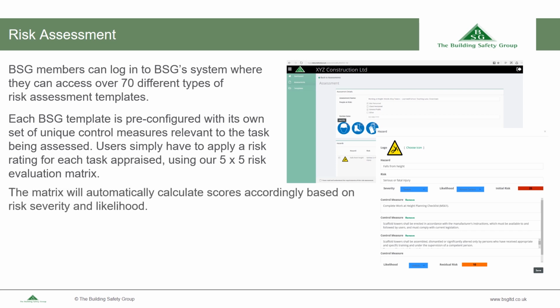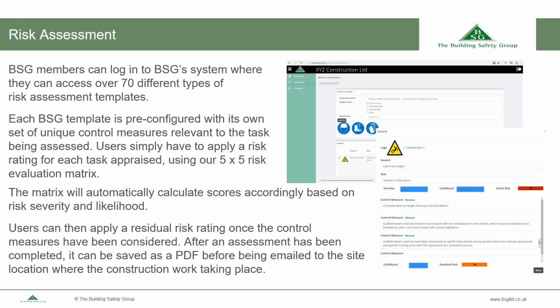The matrix will automatically calculate scores accordingly based on risk, severity and likelihood. Users can then apply a residual risk rating once the control measures have been considered. After an assessment has been completed, it can be saved as a PDF before being emailed to the site location where the construction work is taking place.